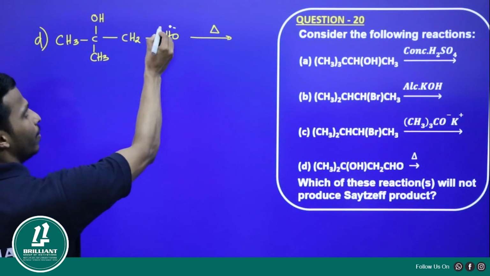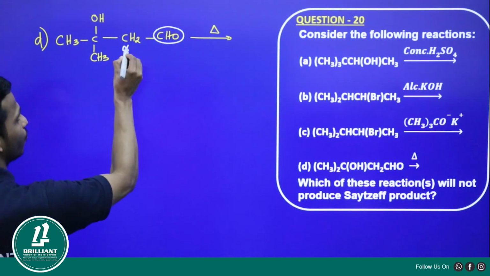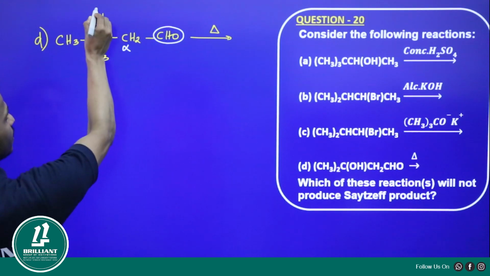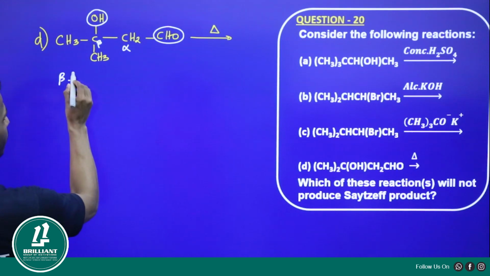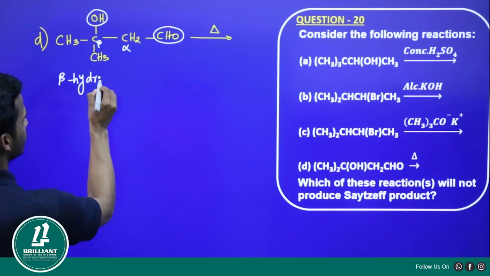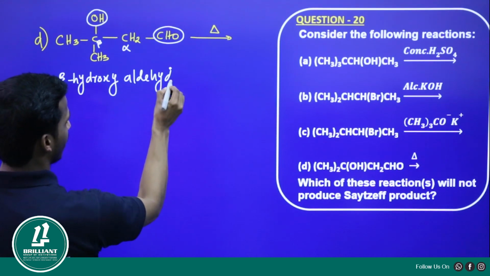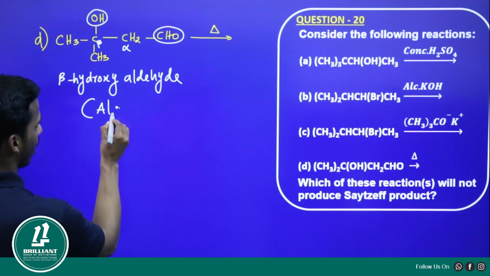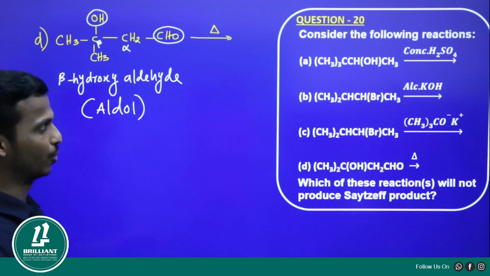You know, here the main functional group is aldehyde and this is called the alpha carbon, this is called beta. Beta contains one hydroxy group, right? It's known as beta hydroxy aldehyde, or it is known as aldol, right? Because it contains both aldehyde and alcohol groups.